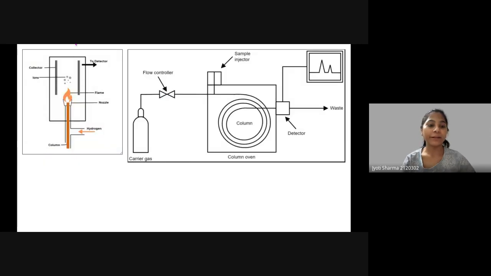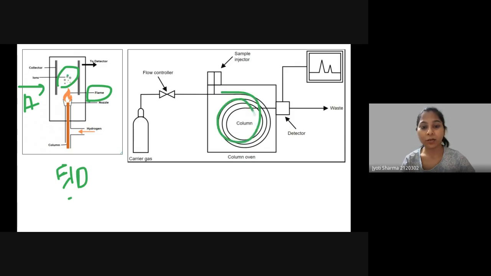And this FID, because this is a flame ionization detector, so what we do is we have a flame, right? And in that flame we have sample. Let's say we have sample A, this sample A will convert into ions. So that's why this is flame ionization. These ions will go to the detector that is FID.